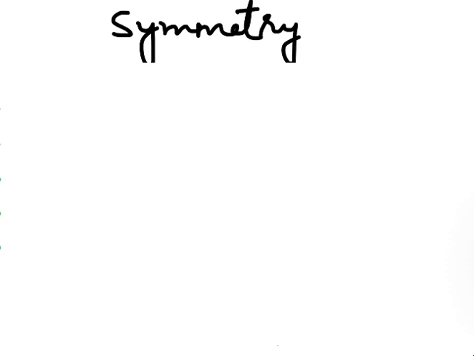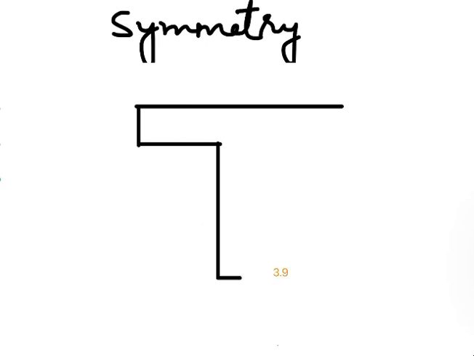We have a figure like this. It's a big T. So where will your line of symmetry come?